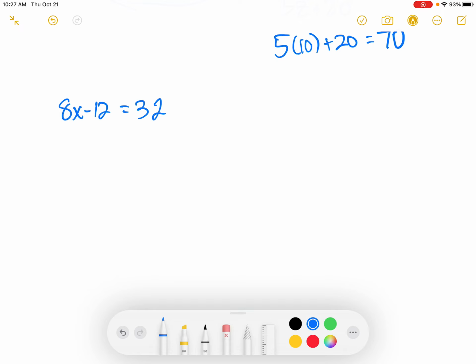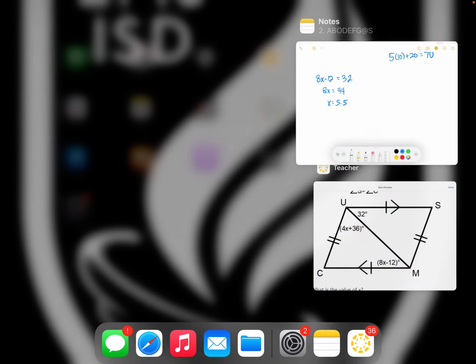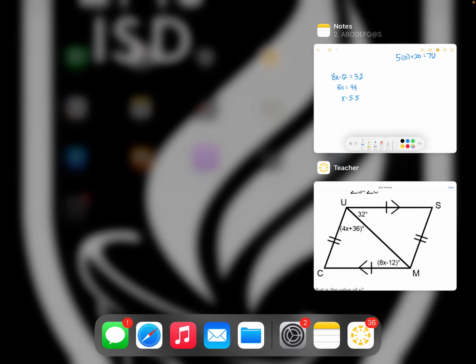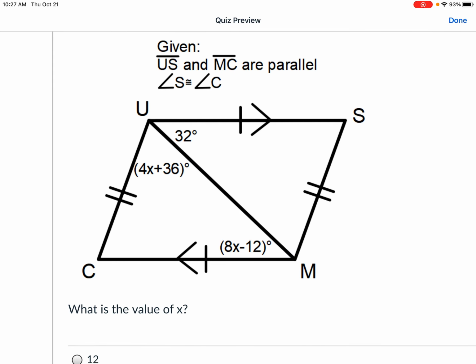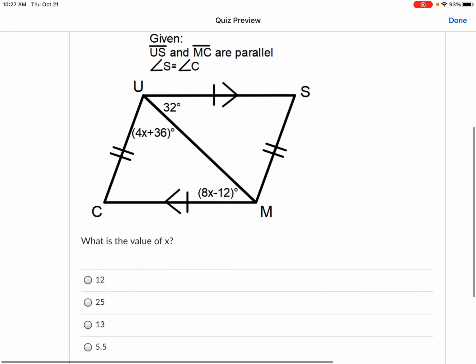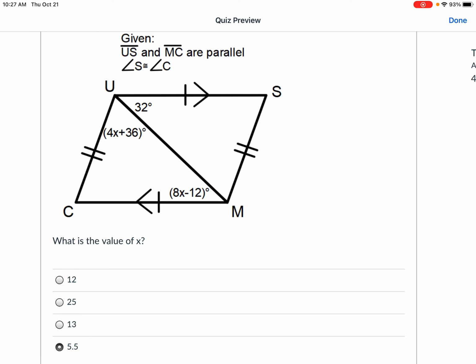And I can solve that equation and find what x is pretty easily. All right, so if x equals 5.5, I guess that actually answers the question we've got right here on number 7, right? X equals 5.5. That's exactly what we were looking for.